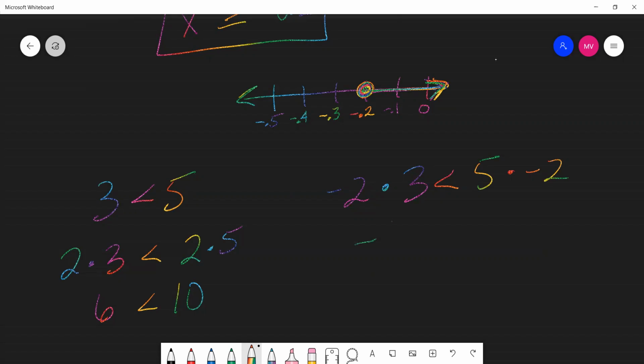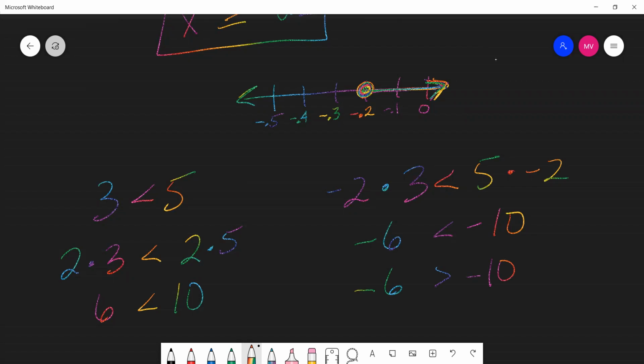What that means is negative 6 is no longer less than negative 10. So whenever you multiply or divide by a negative, you must flip your inequality. So negative 6 becomes greater than negative 10.